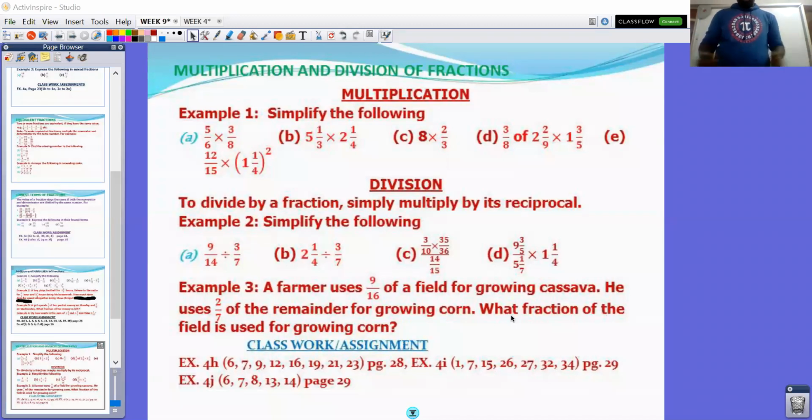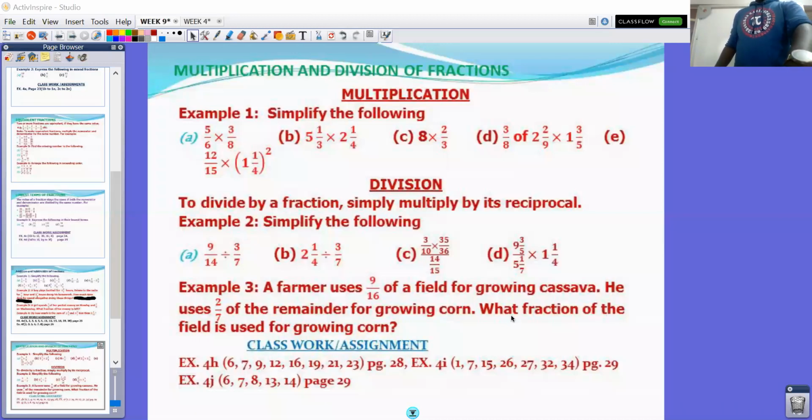So the class will start now. Division of fraction. To divide by a fraction, simply multiply by its reciprocal. That is, when you want to divide two fractions, we change the division into multiplication.